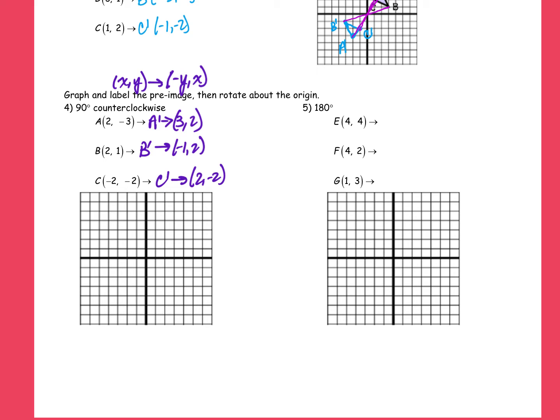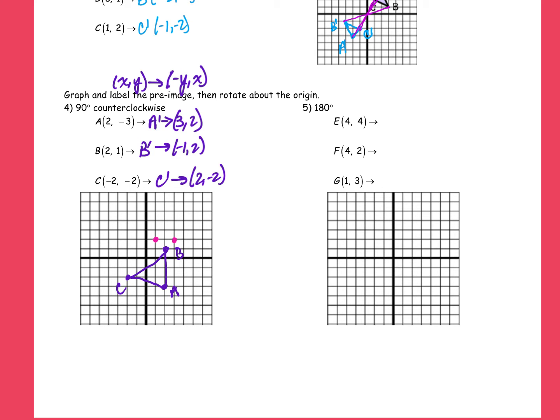So I'm supposed to graph it. So 2, -3, 1, 2, 3, 2, 1, and -2, -2. So this is A, B, and C. Boom, boom, boom. And then what do I get? 3, 2. 1, 2, 3, 1, 2. -1, 2.